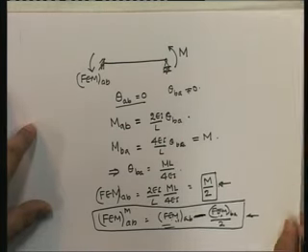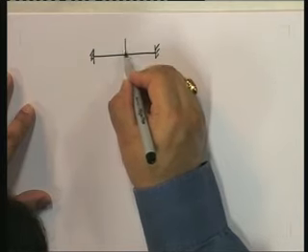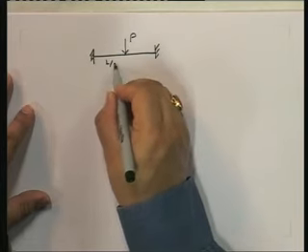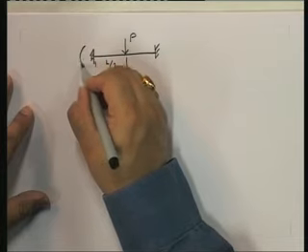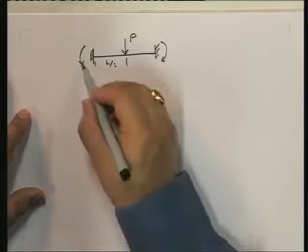Now let us apply it to a particular example and see whether we get it from first principles also. So I am going to consider taking an example of load P being applied at L by 2, and what are the fixed end moments?